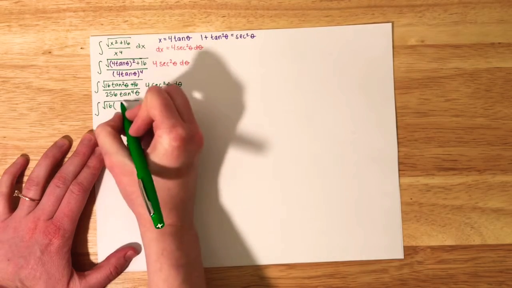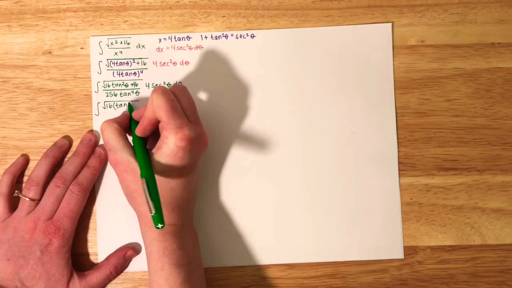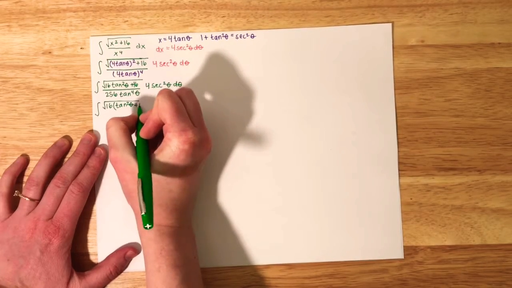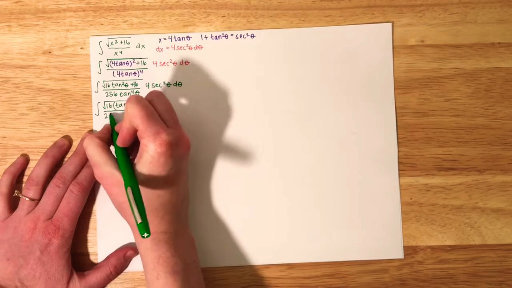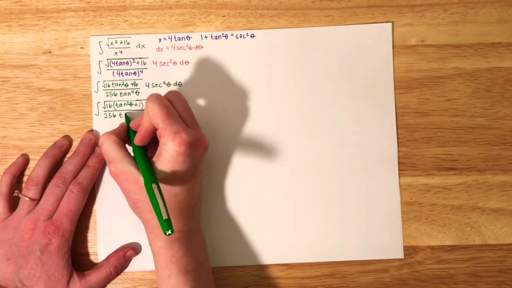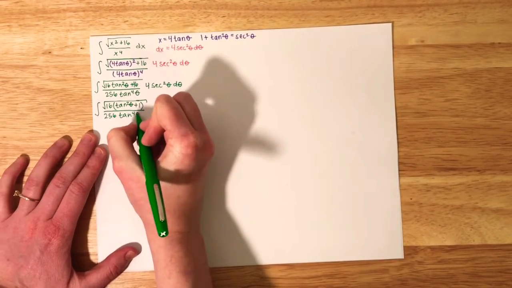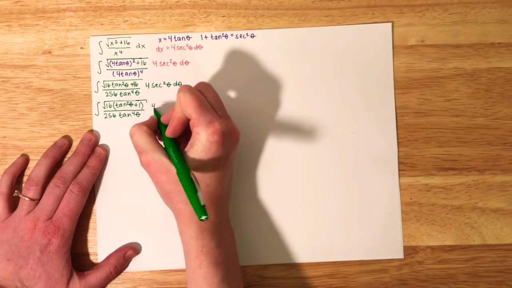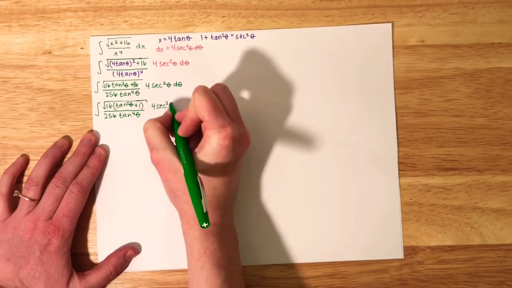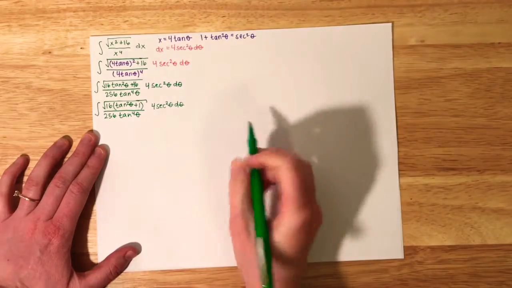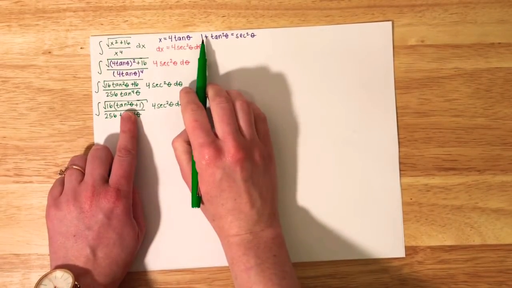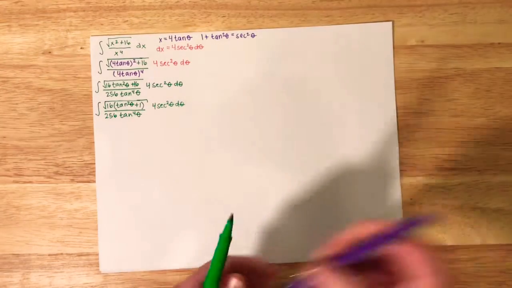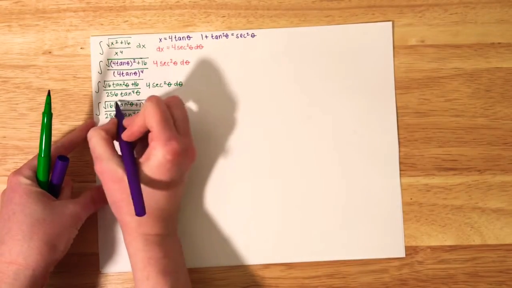That will leave us 16 times tangent squared theta plus 1 all over 256 tangent fourth theta, 4 secant squared theta d theta. Here we can see, this is awesome, we have our identity right here.